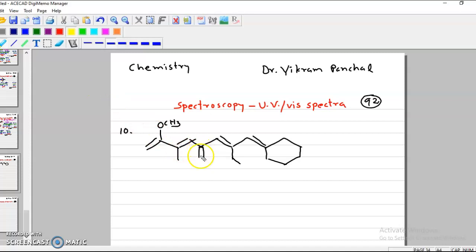Yes. Why? Because this double bond is common for the left side system as well as the right side system. So first of all, we'll consider the right side system, and this is the right side system. And here we have 2 double bonds, but both are outside the ring. So for this system, we call it A system.